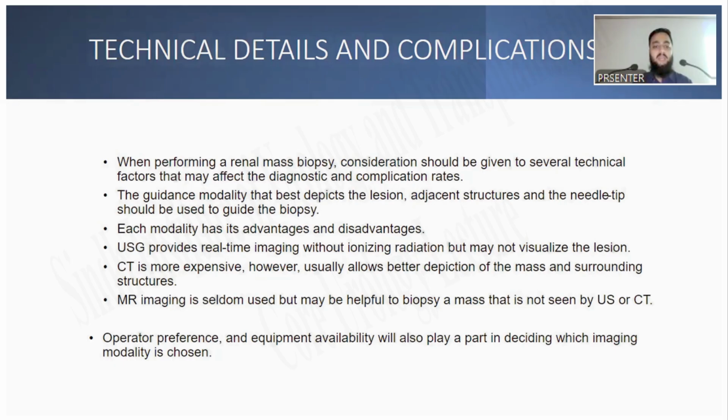Ultrasound provides real-time imaging without ionizing radiation but may not visualize the lesion. CT is more expensive, however, usually allows better depiction of the mass and surrounding structures. MR imaging is seldom used, but may be helpful to biopsy a mass that is not seen by ultrasound or CT. Operator preference and equipment availability will also play a part in deciding which imaging modality is chosen.